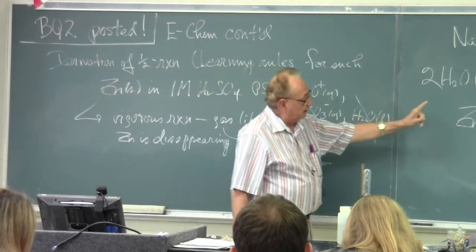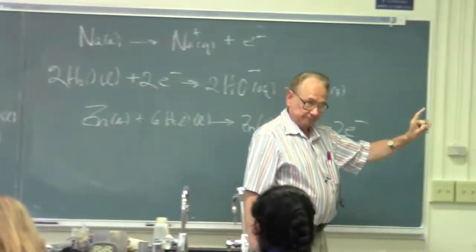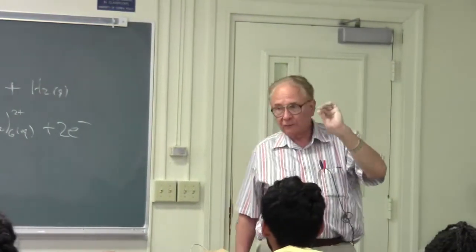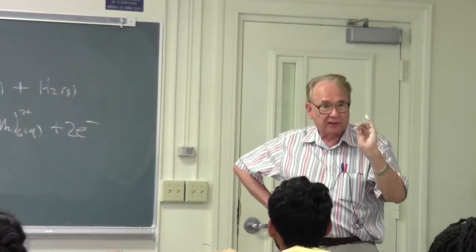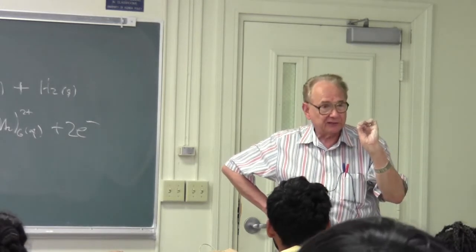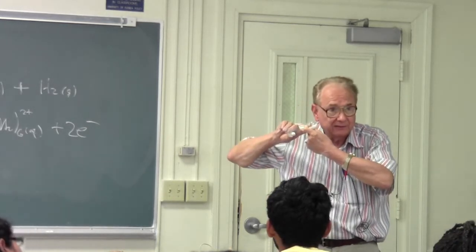Look at what we did with water. When water got reduced to hydrogen and hydroxide ion, it was the +1 hydrogen atoms in water that collected the electrons to become hydrogen atoms in zero oxidation state, which then bound with each other to make hydrogen molecules.